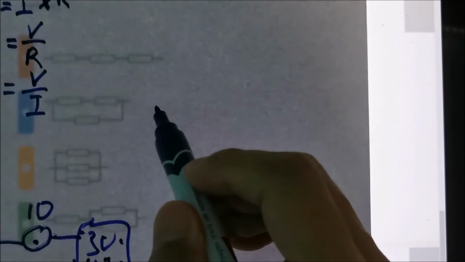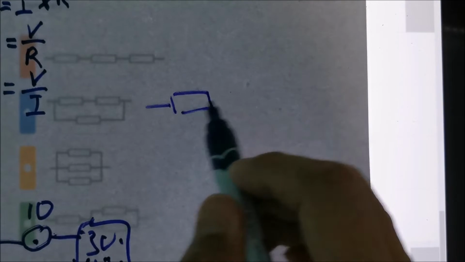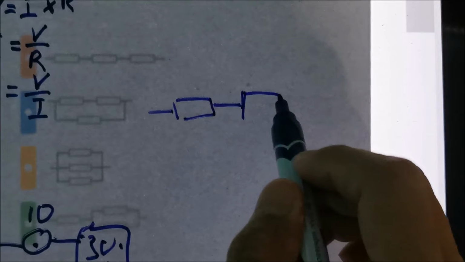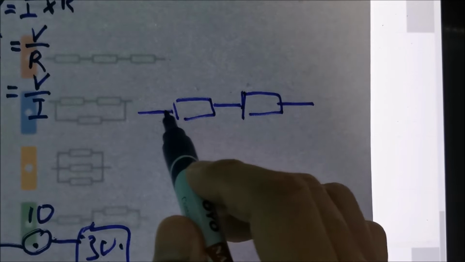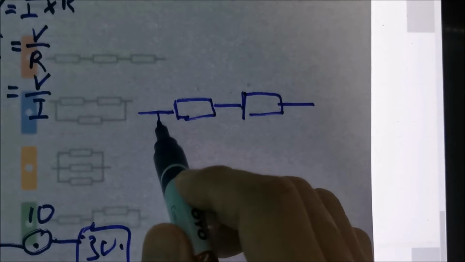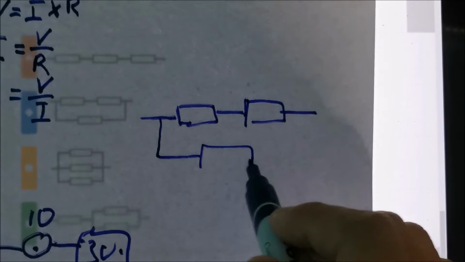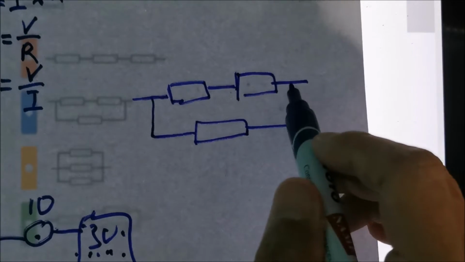The two resistors that are connected this way, these two are connected in series, where this one is in parallel with this branch.